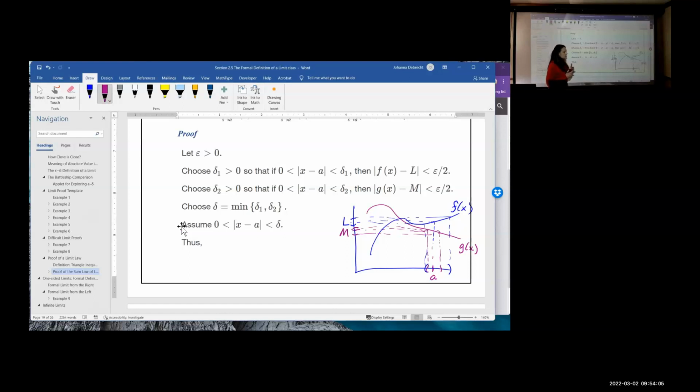The technique to this one is to choose delta to be the smaller of delta 1 and delta 2. If it fits within the smaller one, which is here, delta 2, then it definitely is also within the larger one, right? So look over here at the blue band. The blue band is fitting here. So I'll outline the blue band a little better. Here's the blue band.